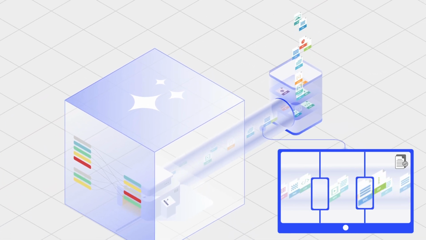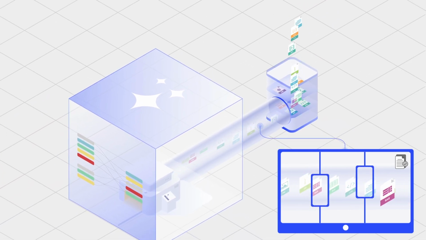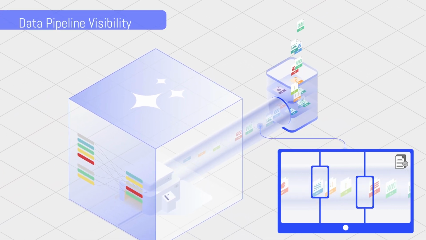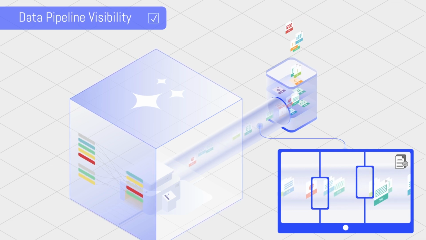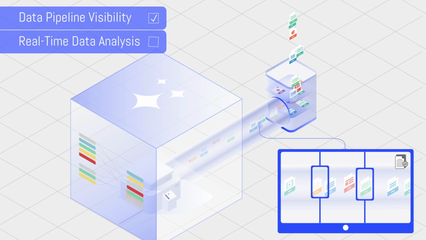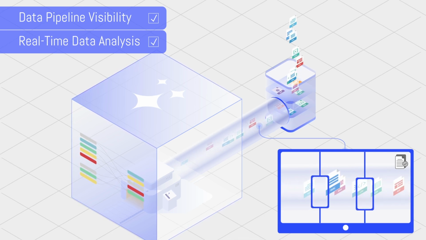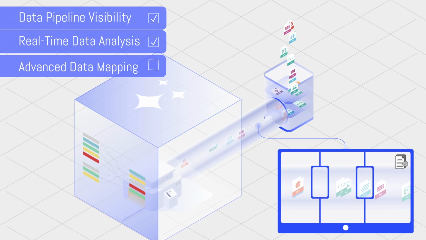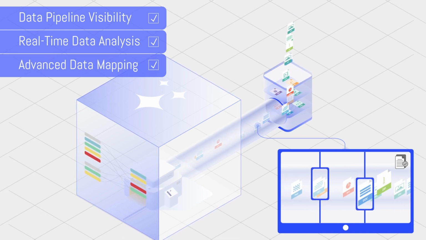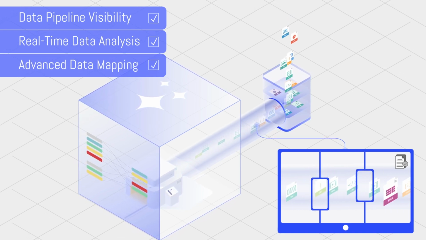Only Normalyze helps you secure your AI LLM data with data pipeline visibility. It provides insights into LLM data pipelines. Real-time data analysis uses APIs to analyze LLM accessible data in real time. Advanced data mapping: identify and map data stores across multiple cloud environments.